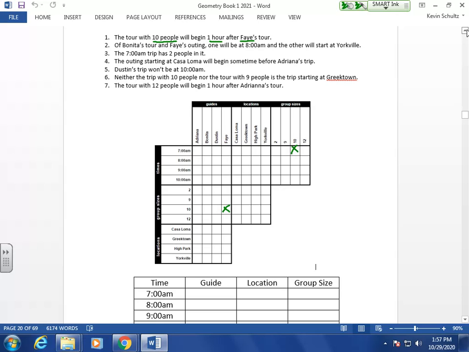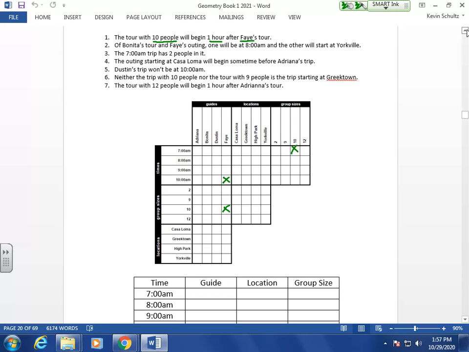But can Faye's tour be the 10 o'clock tour? No, because there is a tour after Faye's. And so Faye cannot be the very last tour of the day. So we can find Faye, we can find 10 a.m., and we can put an X through that. Right? So already here, just from that one clue, we've got 3 things that we know for sure can't happen.